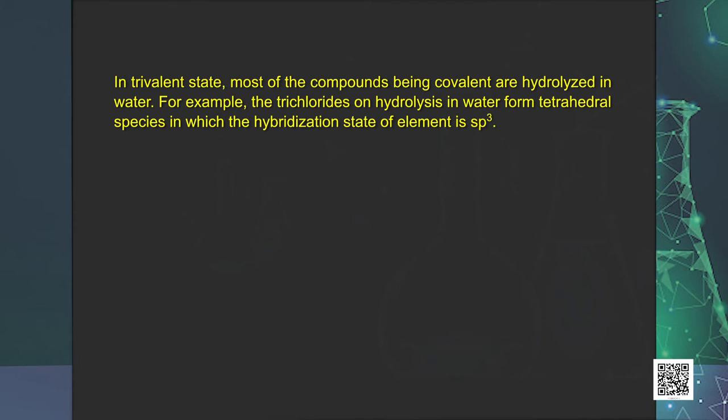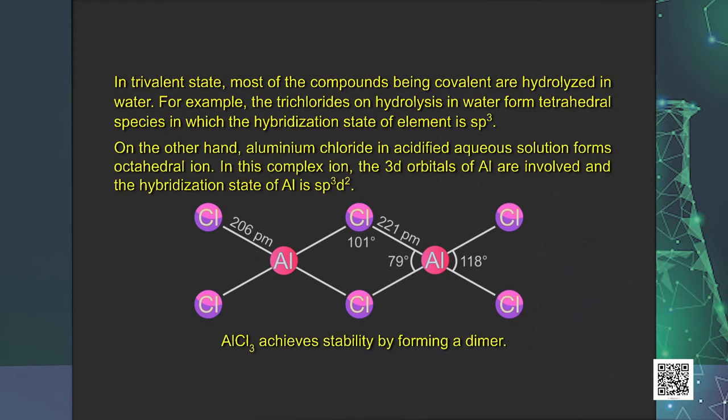For example, the trichlorides on hydrolysis in water form tetrahedral species in which the hybridization state of the element is sp3. On the other hand, aluminium chloride in acidified aqueous solution forms an octahedral ion. In this complex ion, the 3d orbitals of aluminium are involved and the hybridization state of aluminium is sp3d2.